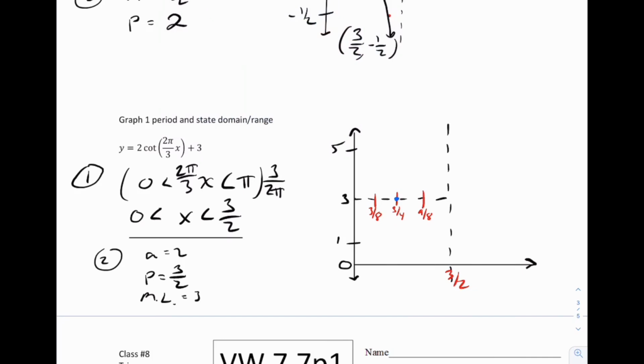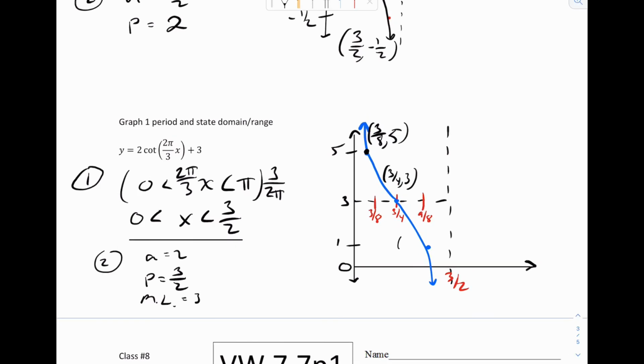We can see it's a regular cotangent graph, so just make it go down or decrease. And let's draw it in. So now let's label these points here. That's 3 over 8, 5. 3 over 4, 3. And our last point here is going to be 9 over 8, comma 1.